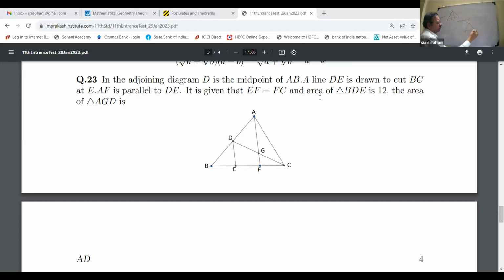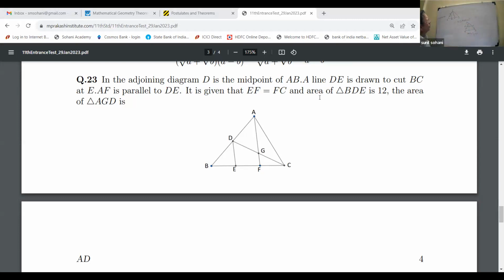Triangle PQR, line MN is parallel to QR, and if I say M is a midpoint of PQ, then midpoint theorem says then PN is also equal to NR. Also midpoint theorem says that MN is half of QR.